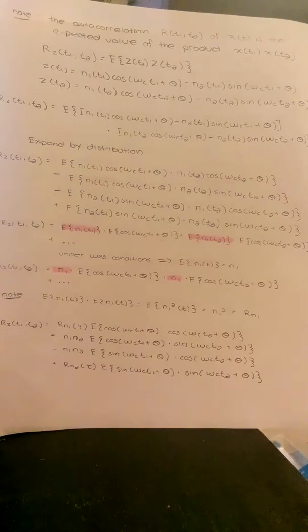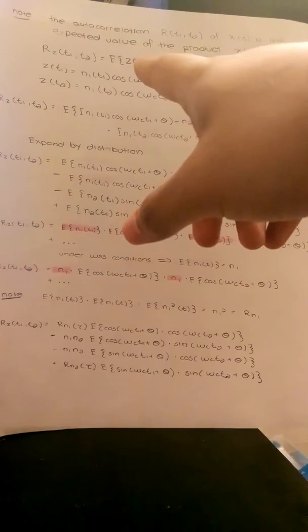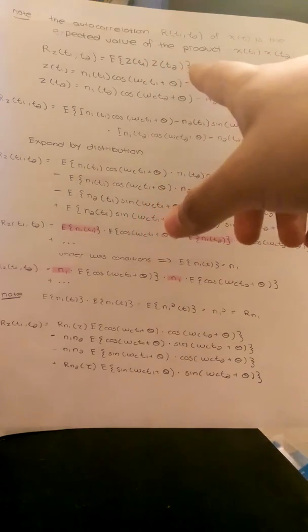Part B of the question asks us to find Rz(t1, t2) and asks if Z(t) is wide sense stationary. A quick note: the autocorrelation R(t1, t2) of X(t) is the expected value of the product X(t1) times X(t2). So Rz(t1, t2) is going to be the expected value of Z(t1) times Z(t2).